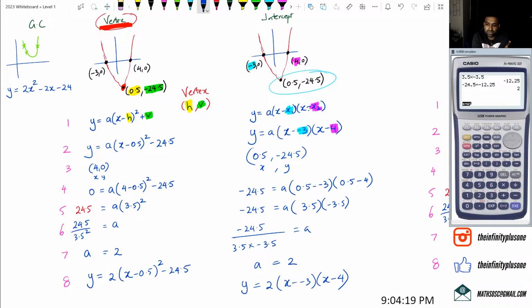If you're given the vertex, then you go with the vertex form equation. If you're given the intercepts, then we'll go with intercept form. And Marco, yes, we are doing 2 more today. I was wondering, why is Marco here? Marco was here yesterday, but Marco's back today.